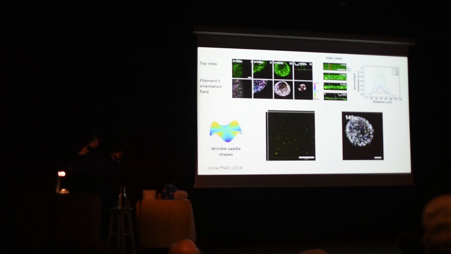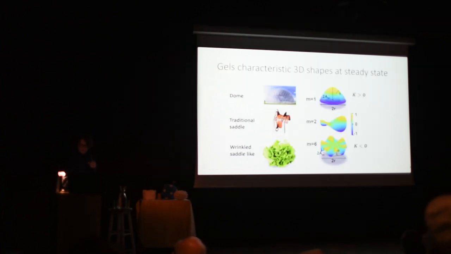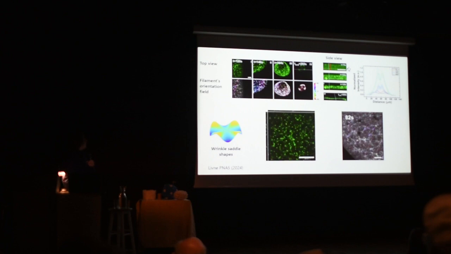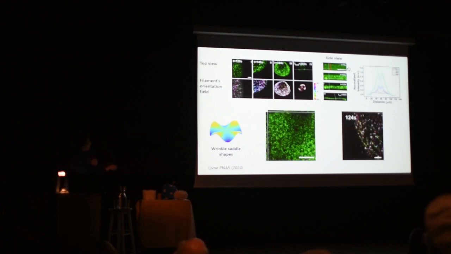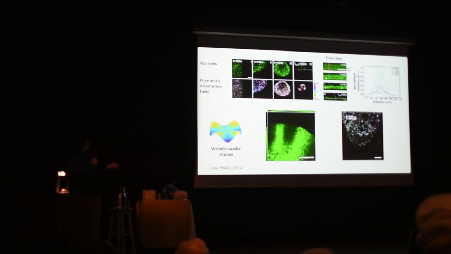Large and relatively thin disks will end up in wrinkled shapes. Everything is quite dynamic. If you look at the periphery here, these wrinkles are formed in the periphery. This is the structure of the jet during the contraction.